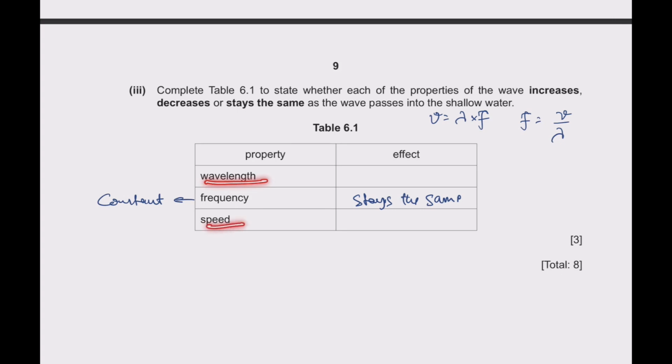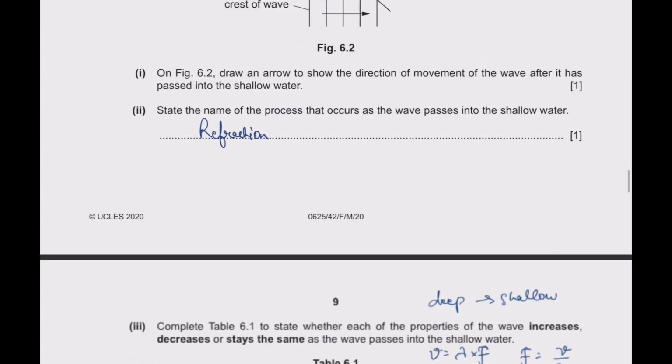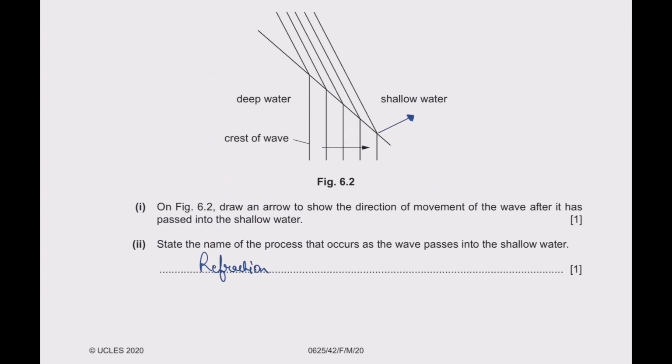Now the wavelength and the speed. Look at this fraction. If this is constant, it means that this overall fraction will remain constant. If one is increasing, the other will also increase by the same amount, then only the fraction will remain constant. If one is decreasing, then the other will also decrease. Now it depends upon the wave passing from deep water to the shallow water, and in the diagram 6.2 it is moving from deep water to the shallow water.